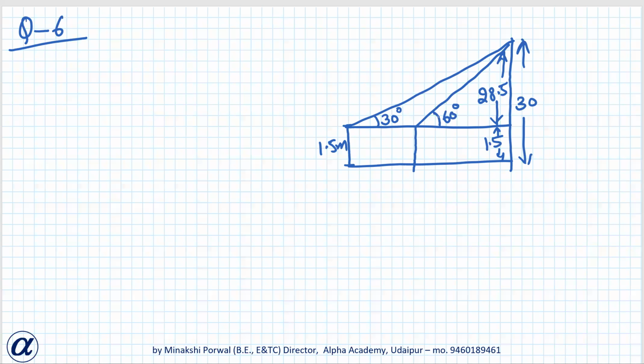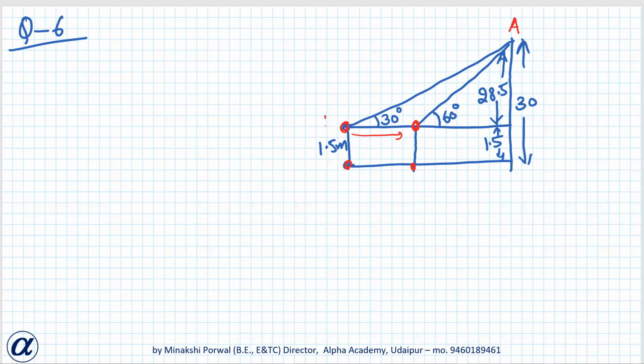Okay. So now what we have to find? पहले वो the boy was here. The boy was here. Now the boy walked this way and he reached here. Okay. So we have to find the distance he walked.